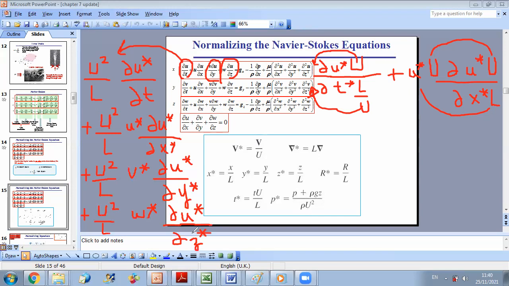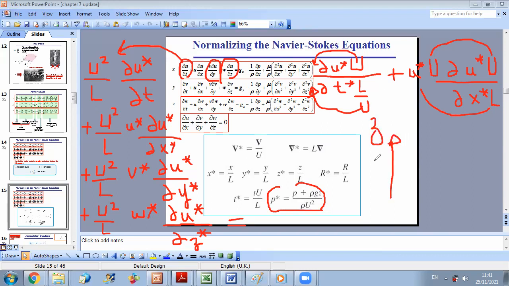Okay, so you are done with the first side, and you will move to the other side, equals to. Now, when we defined P star equal P plus rho g z over rho U square, we considered that Z is the vertical axis.